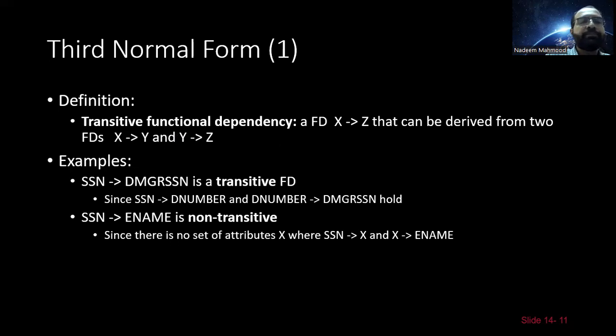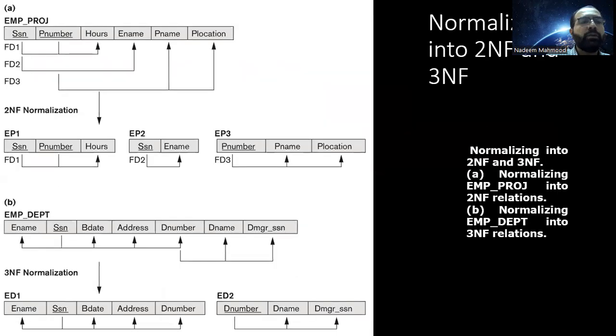For example, here you can see this example. Here we have a single attribute key. Therefore, remember, second normal form is not applied. Whenever we talk about second normal form, the key should be combinational, whether it will be two attributes or more than two attributes.